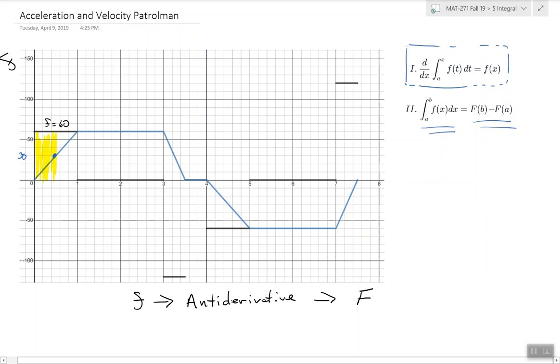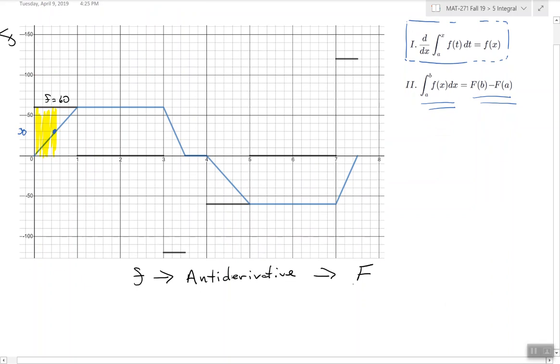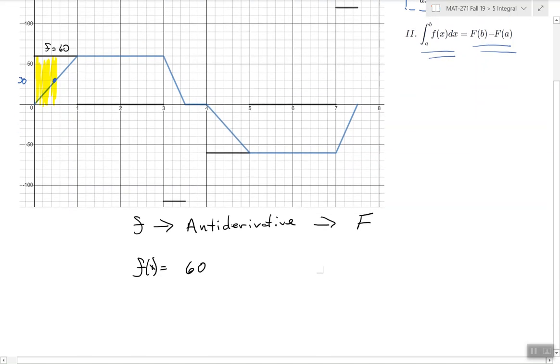If I know the derivative is just 60, how could I get the antiderivative? Well, let's just think. What gives us 60 as the derivative? 60x, right? You guys agree? If f is 60, then we're going to learn a rule here in a little bit, but big F of x would have to be 60x.